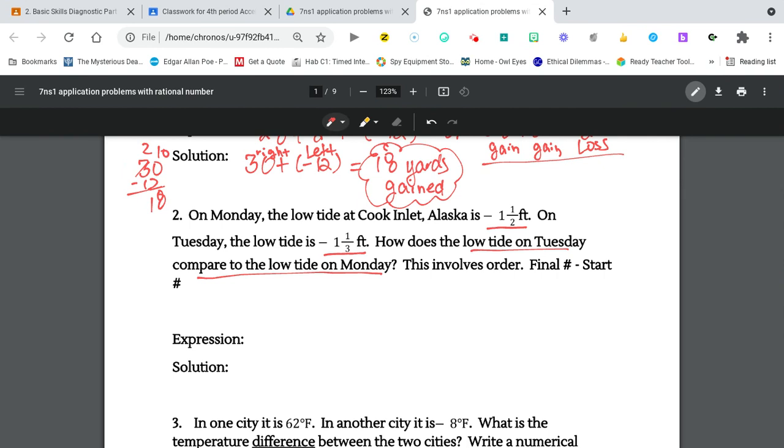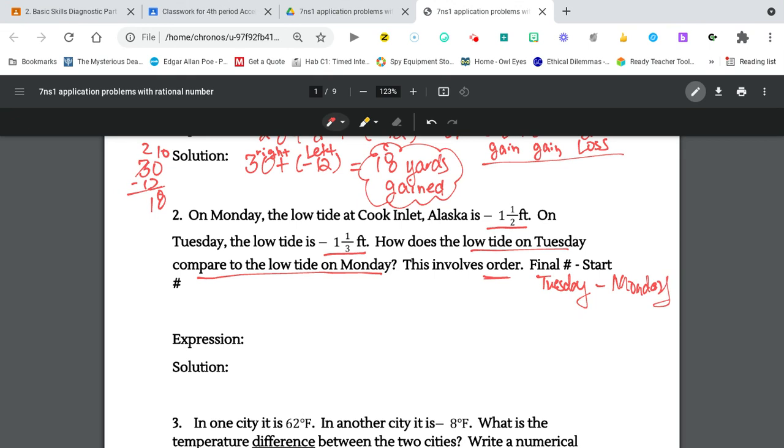So I want to know what's the comparison from Tuesday to Monday. So this involves order because I got a Monday and a Tuesday. So I'm going to start off with the final day, which would be Tuesday, minus the start, Monday. Monday comes before Tuesday.